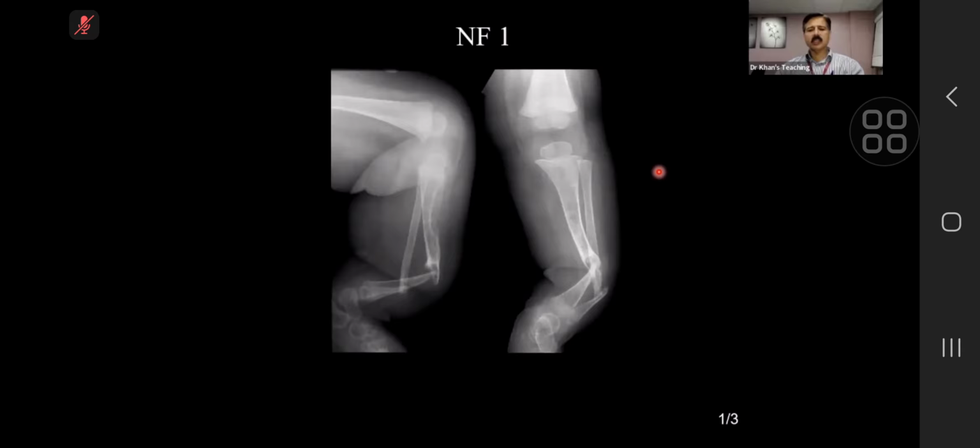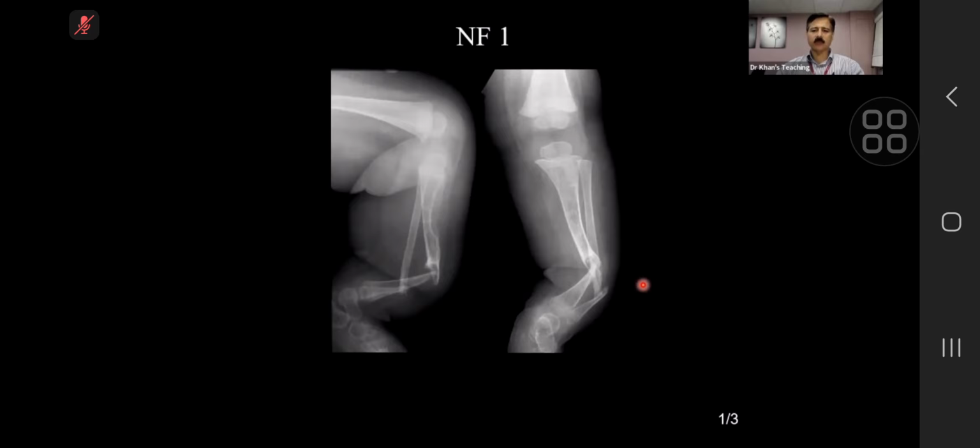This is a classical appearance; we have covered this in our MSK module. This is pseudoarthrosis. Look at this: in NF1, what happens is that there are bone dysplasias. This can happen in tibia, fibula, humerus, radius.